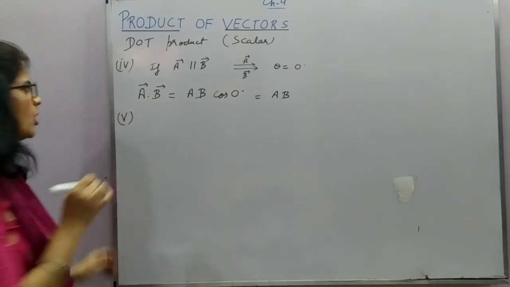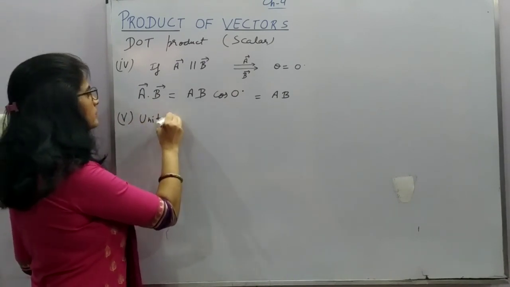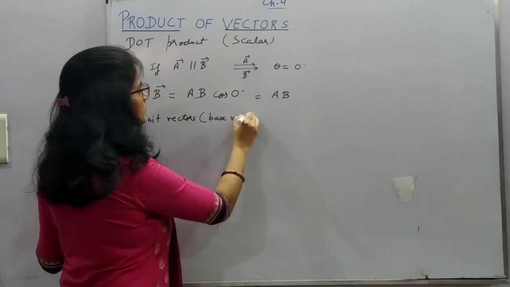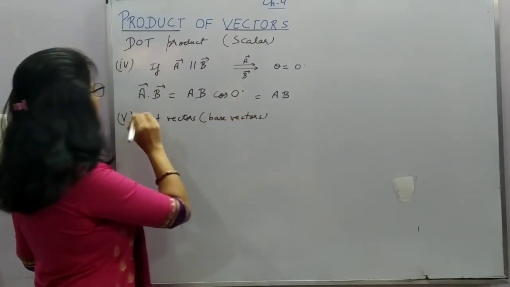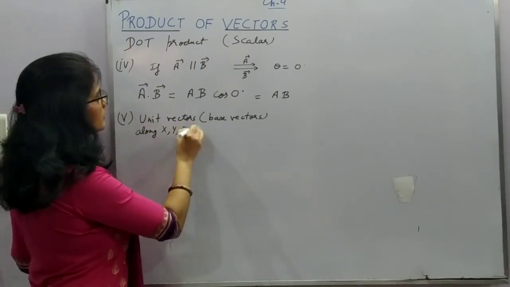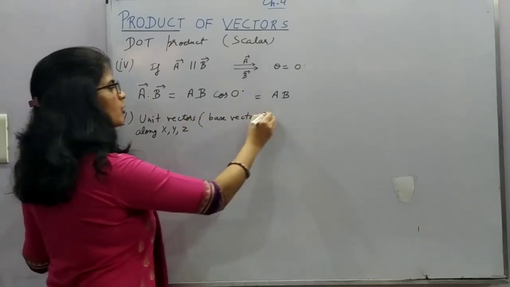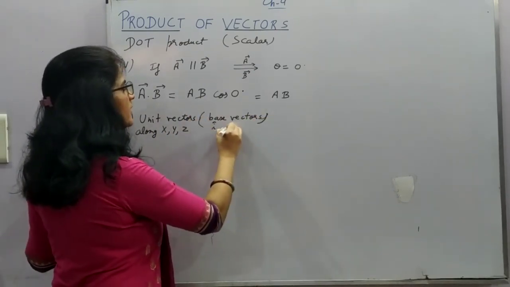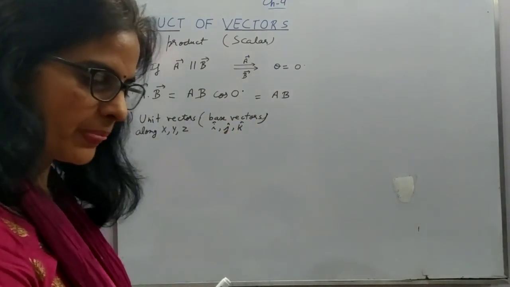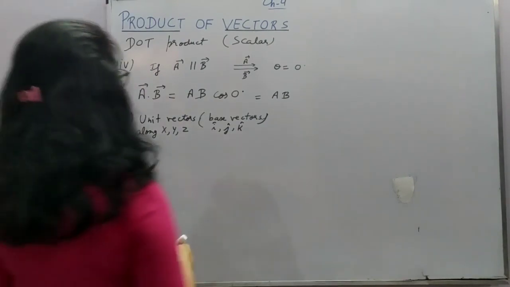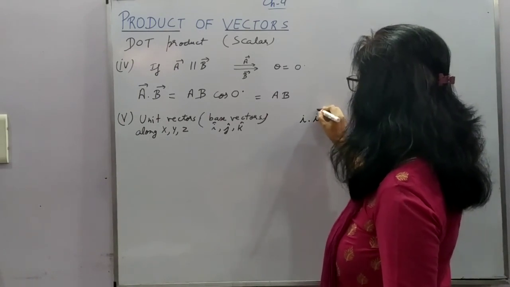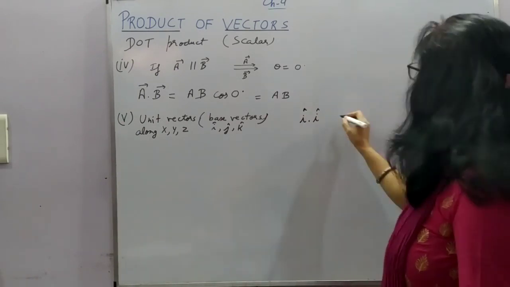Right? Next we move on to the unit vectors. Unit vectors are also called as base vectors. Unit vectors along x, y and z are also called as base vectors. That is i, j, k. So I am talking about these unit vectors. If I say that i dot i, what does that mean?